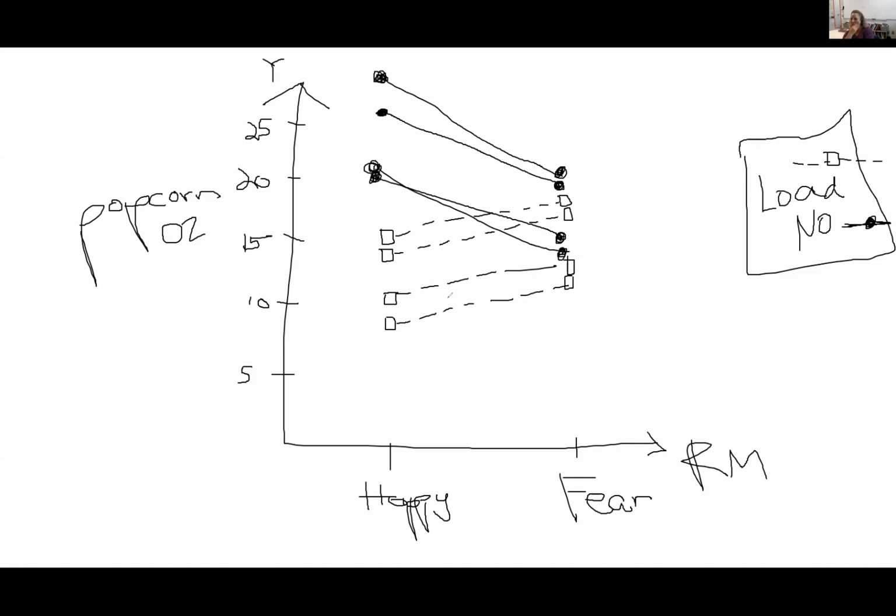Brian, what would you say? What's going on with loading and popcorn and type of movie? Well, with loading, they eat less initially than they do with the, sorry. Yeah, overall, those that had the meal before ate less popcorn.